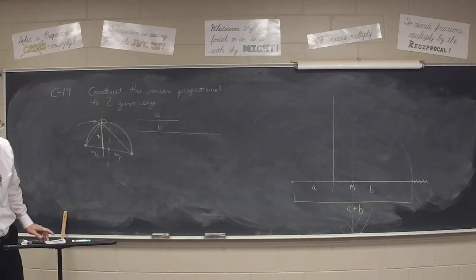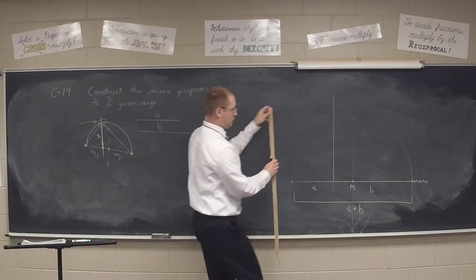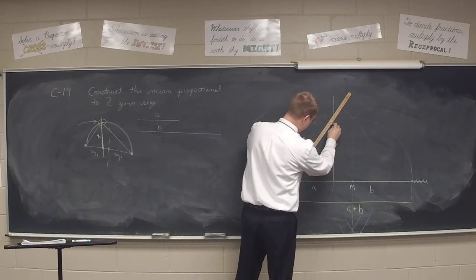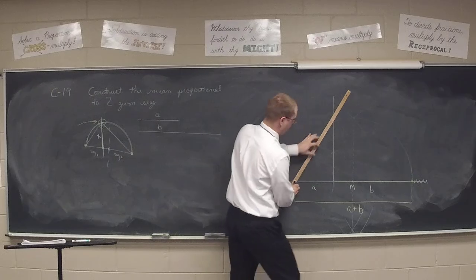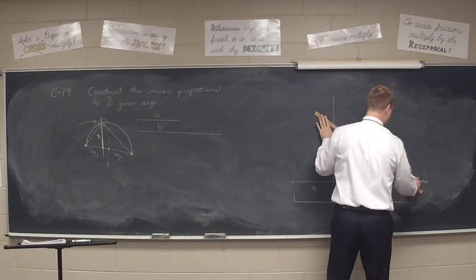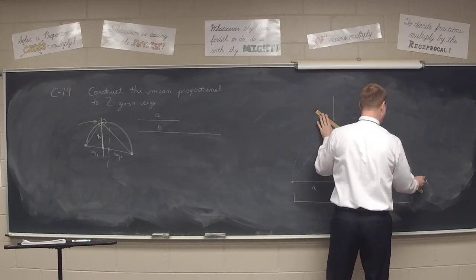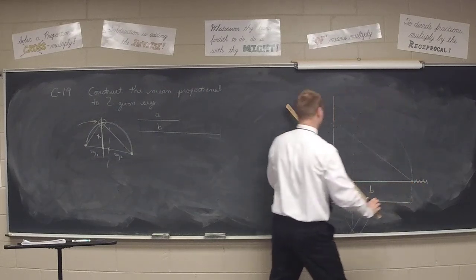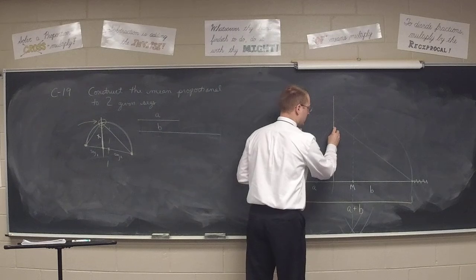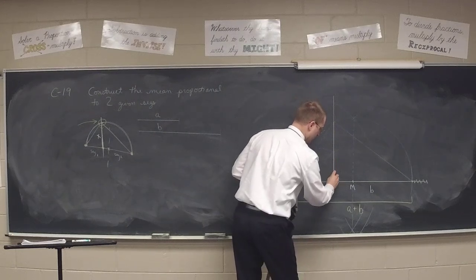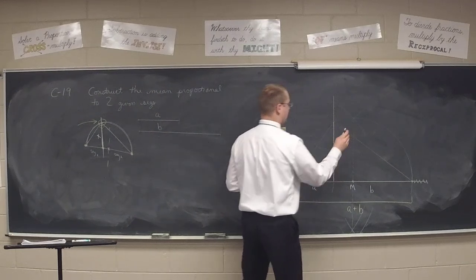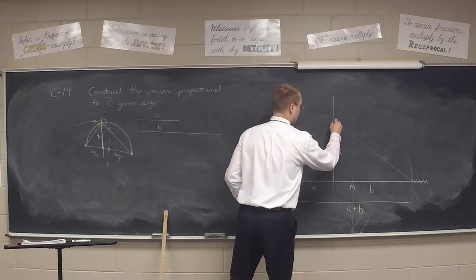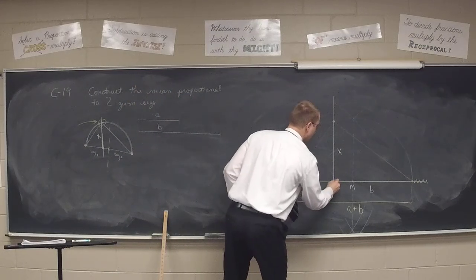Now, if you wanted to, once your semicircle's drawn, you could connect the dots here and here to get your right triangle. But technically, I don't need to draw this, because all I wanted was the mean proportion of x. And I now have it. It goes from up here to down there.